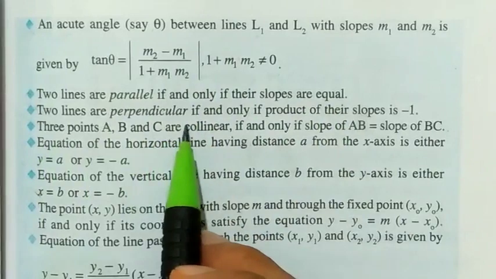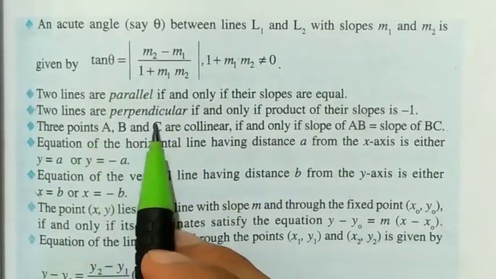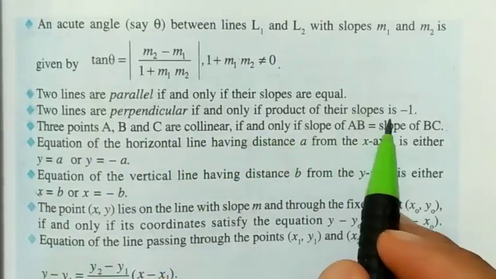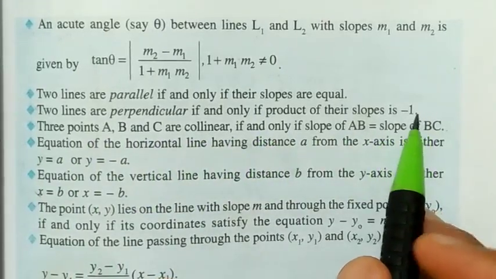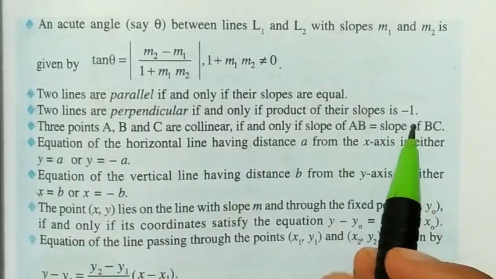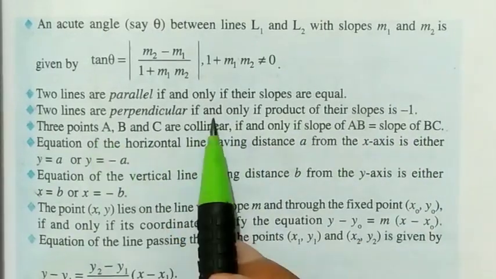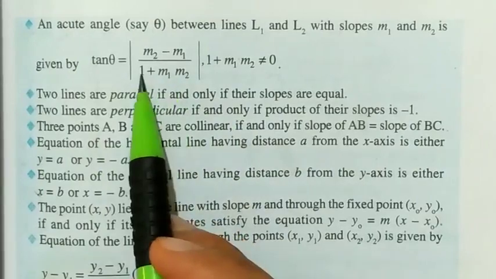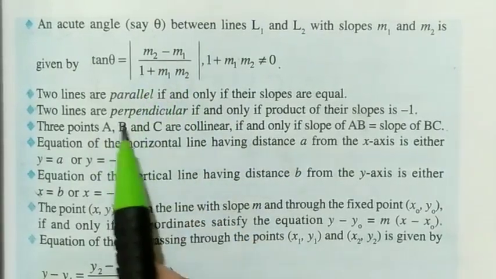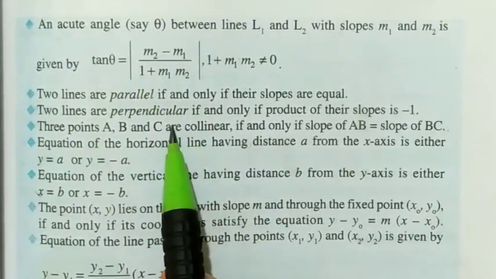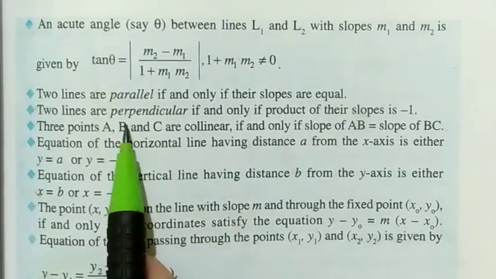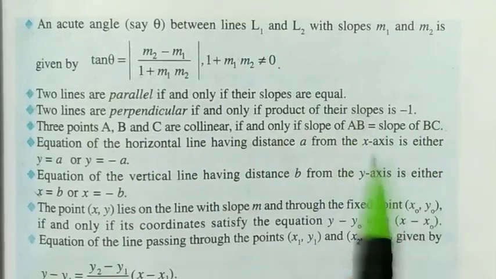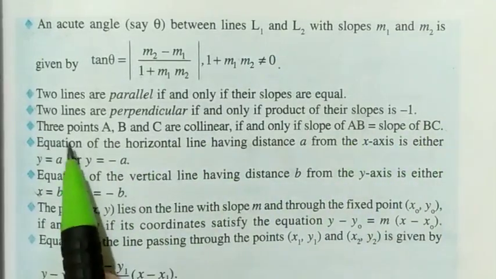Two lines are perpendicular, means making a 90 degree angle, if and only if the product of their slopes is minus 1, means m1 m2 equals minus 1, then the lines will be perpendicular. So 1 plus m1 m2 is 1 minus 1, which is 0, and in that case the lines will be perpendicular. Sometimes this condition is given: if these lines are perpendicular, find the value of the slope or any constant. That type of question can come.